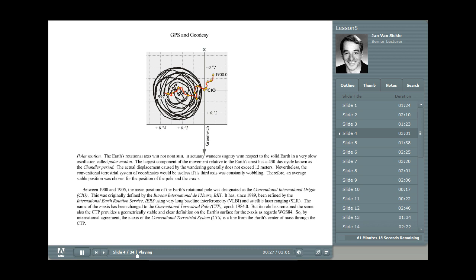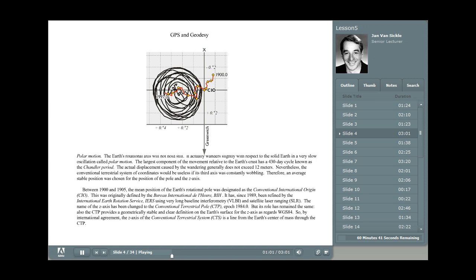For example, as pointed out here in this slide, the Earth's rotational axis just won't hold still. The Earth wobbles, if you would like to call it that. There's actually two components to this wobbling, this oscillation. The largest, as it says here, is the 430-day cycle known as the Chandler period. And the actual displacement caused by this does not exceed about 12 meters.